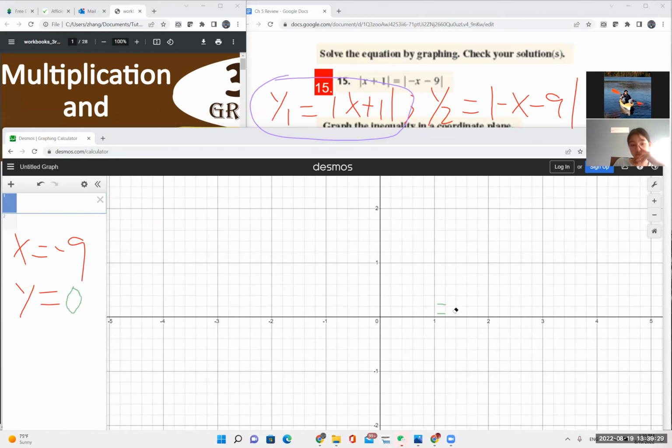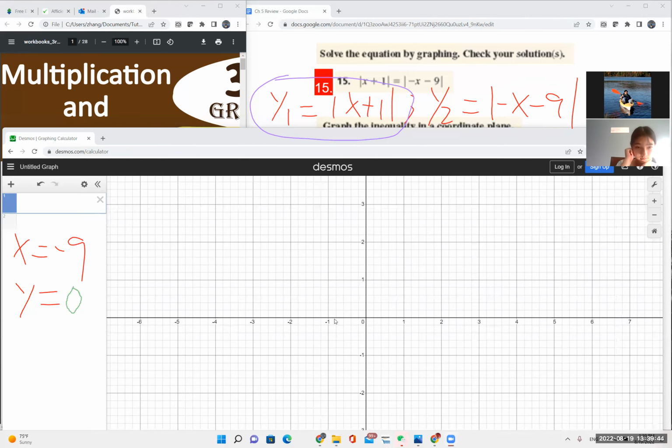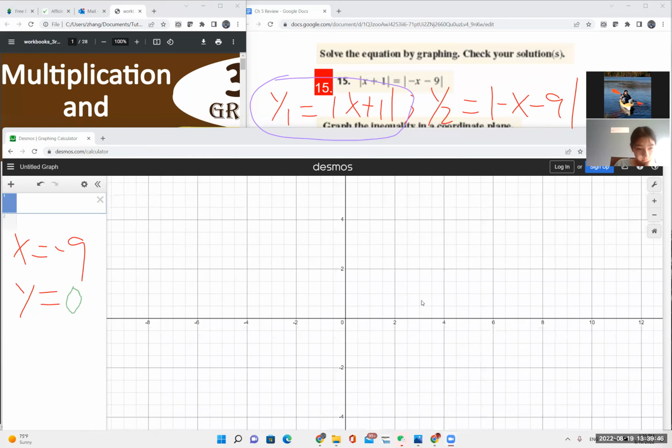Okay. Then draw this point. It's the vertex. Yeah, draw it first. I need to move this. Okay, now could you draw it?